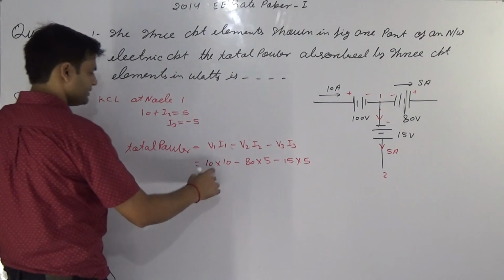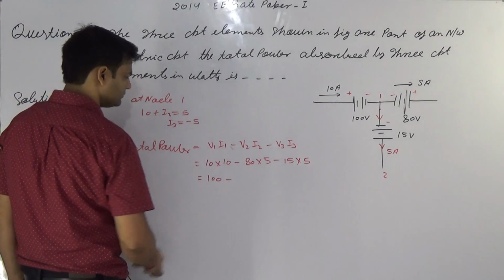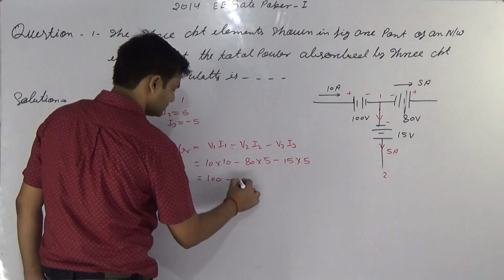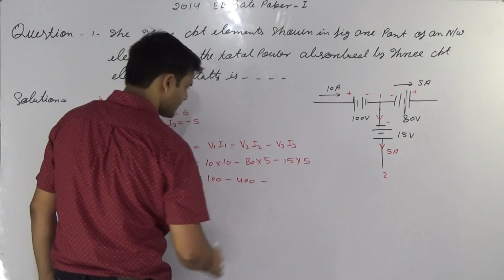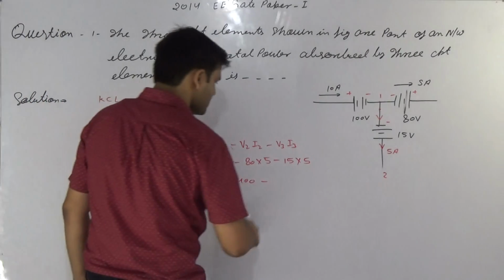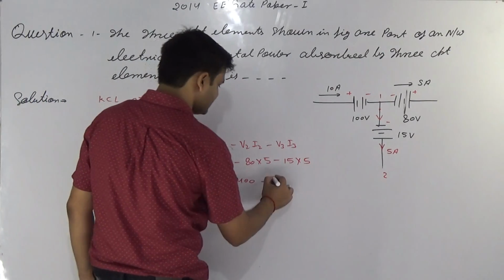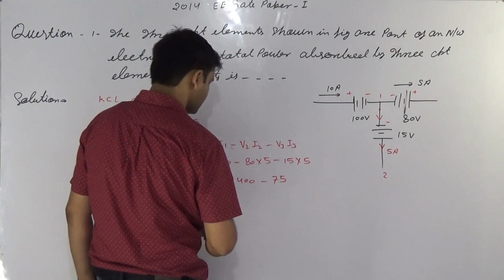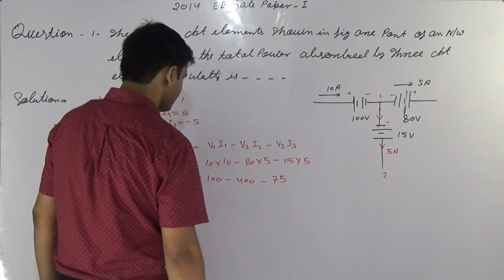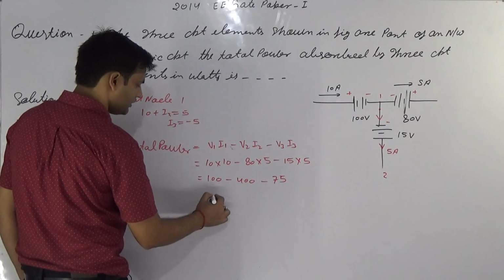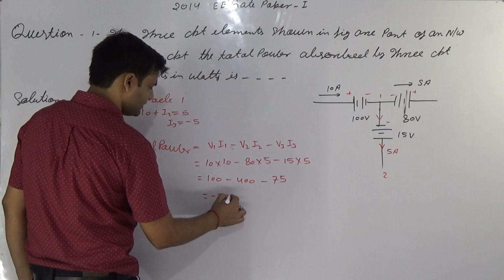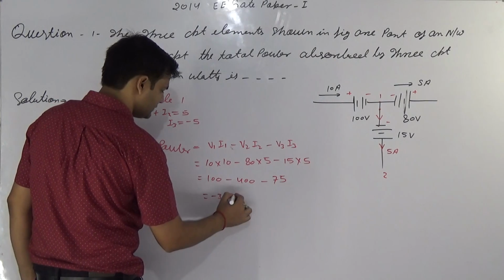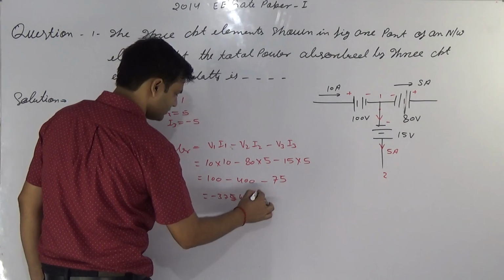Now this is 100, this is 400, this is 75. Net power 375 watt.